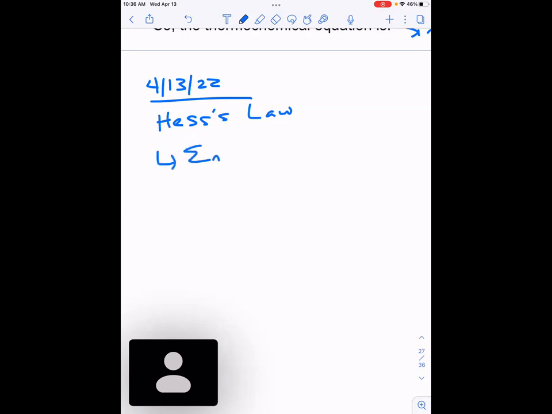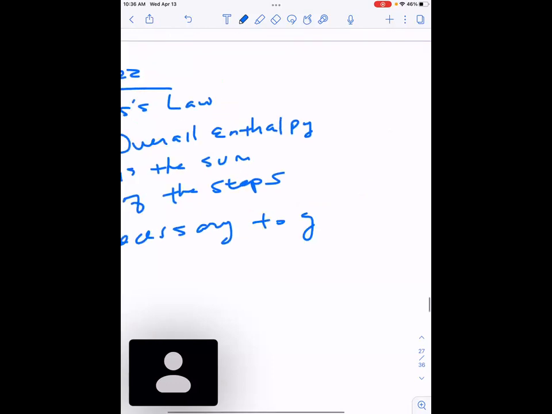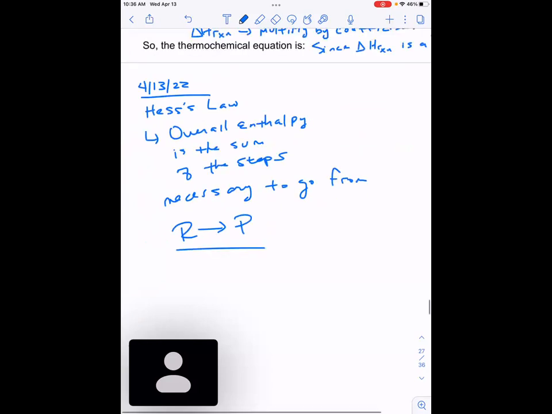Let me say overall. So to go from reactant to product, if it takes 10 steps, the overall enthalpy is going to be the sum of the enthalpies for each step, whether they're negative or positive, whether the step is exothermic or endothermic.